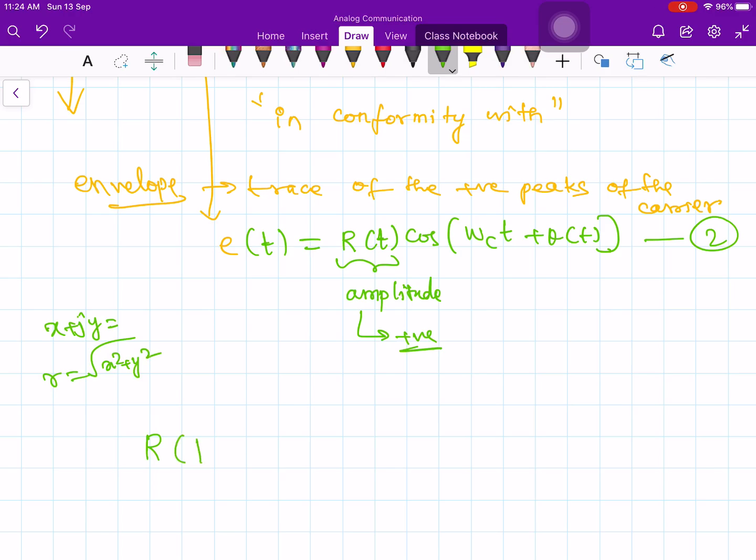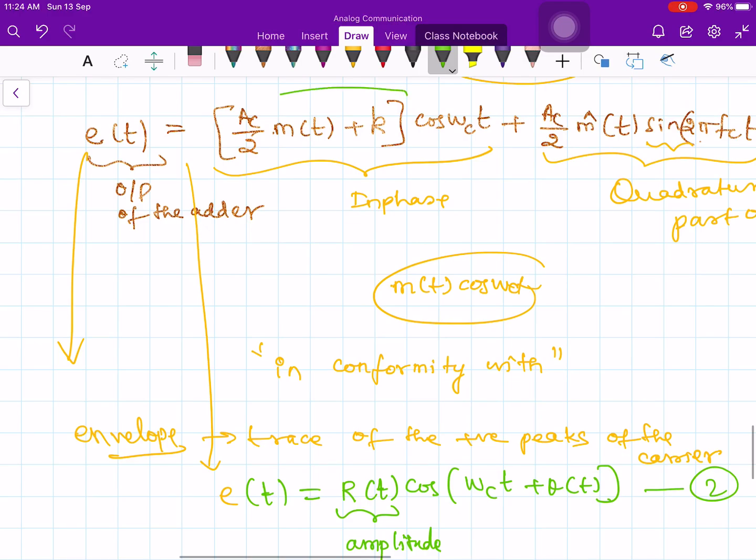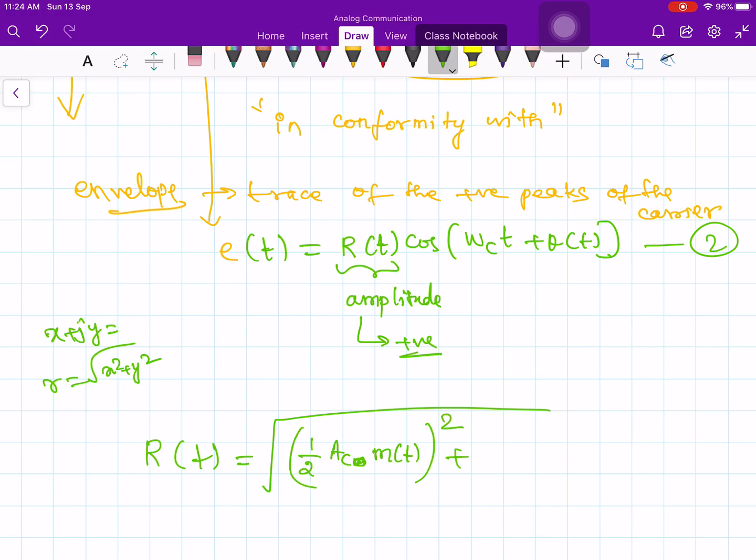Similarly, here the magnitude is the square root of the square of this component plus the square of this component. So square root of 1 by 2 AC m of t plus k, whole squared, plus the square of 1 by 2 AC m cap of t, whole squared. That's it. This is the envelope, or amplitude part.